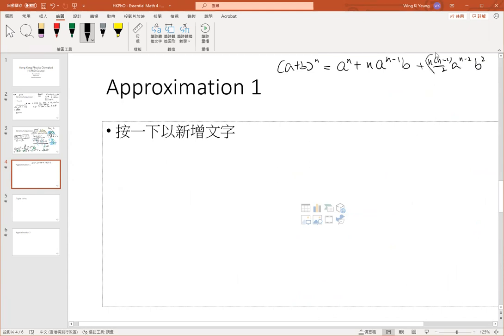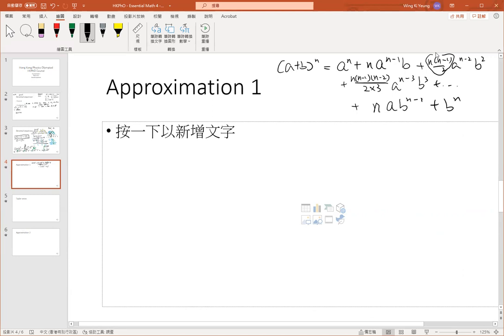I think you understand how this one comes. Write down the next term and then you can understand the pattern behind. It's over 2 times 3, and then you multiply one more term here, that's n minus 2. Then the last few terms is this one, and then plus b to power n, and so on.